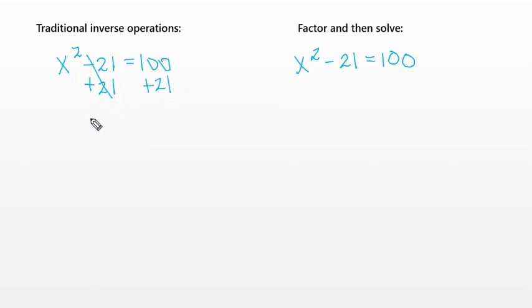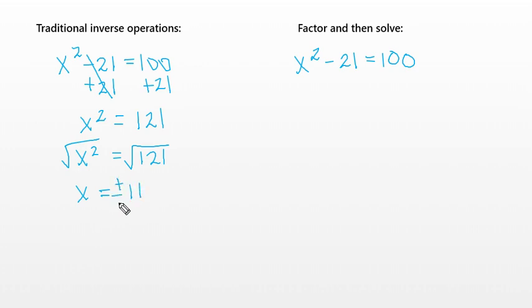And that equals 0, so we're left with x squared on this side, and on this side we're left with 121, and we're going to take the square root of both sides. And we know the square root of 121 is 11, and the square root of x squared is x, and we know that it could be positive or negative 11.